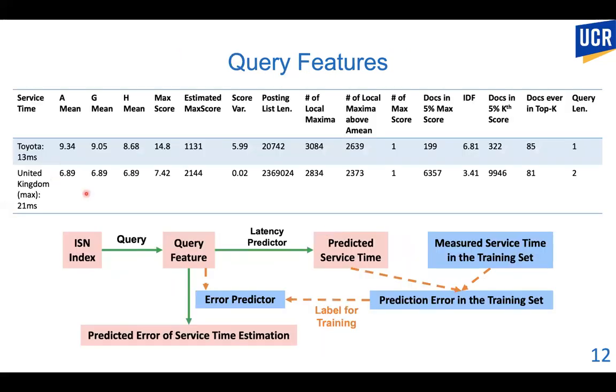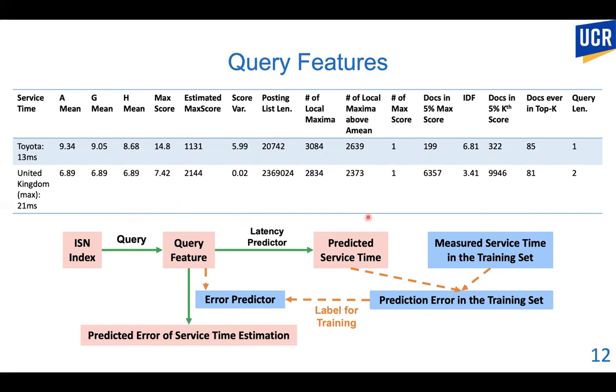This table lists all the query features that are used by our neural network models. All of them can be easily obtained from the ISN index. Whenever a search request arrives at the ISN, we extract its query features and then utilize our latency predictor to get the predicted service time.